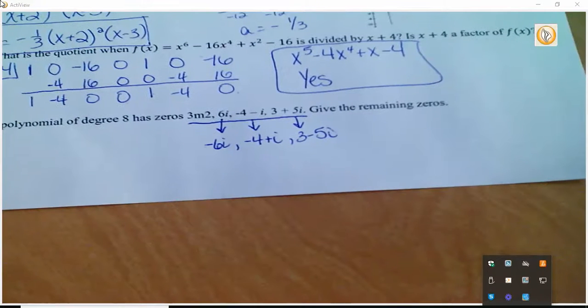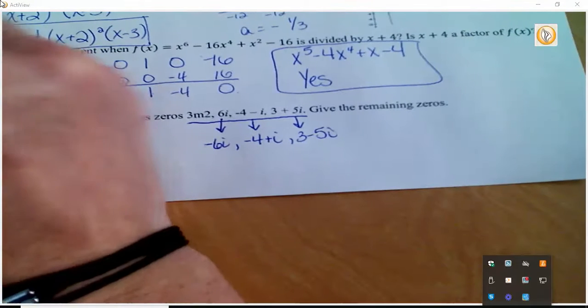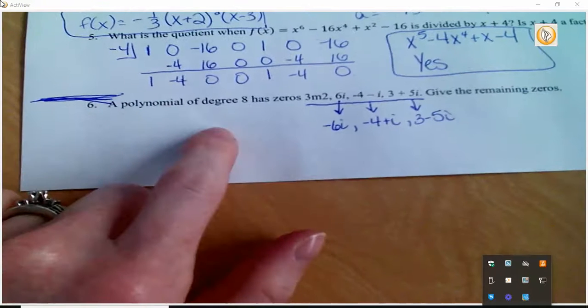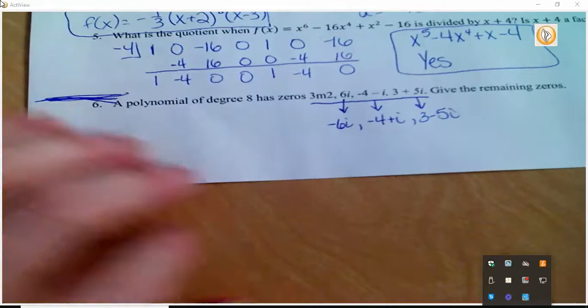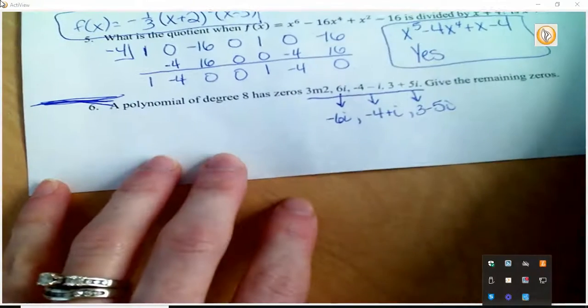So that question, really all I wanted is for you to recognize that if I give you an imaginary 0, its conjugate also works. This is really the starting point for what will be on your quiz tomorrow. So this was the first thing that we did in section 4.3. So everything from here on is fair game for your quiz. Any questions there?